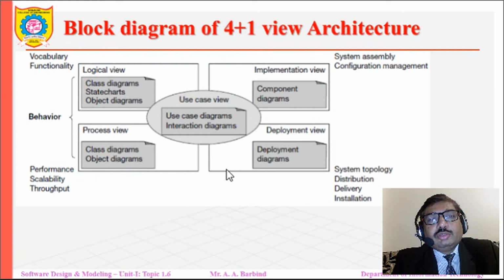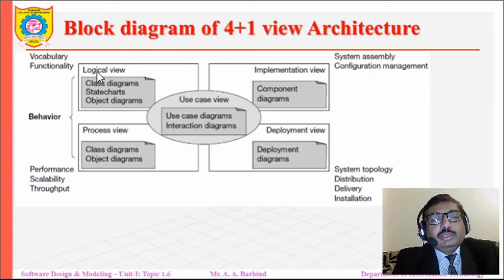So this is the block diagram of 4 plus 1 view architecture of a software system. So here you can see that there are these particular views. They use various diagrams of UML to present that particular view.